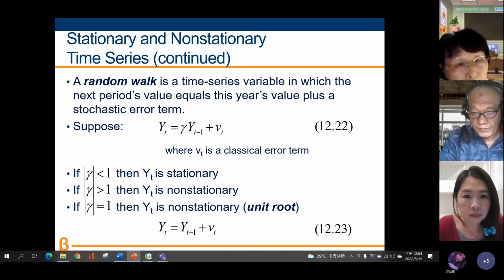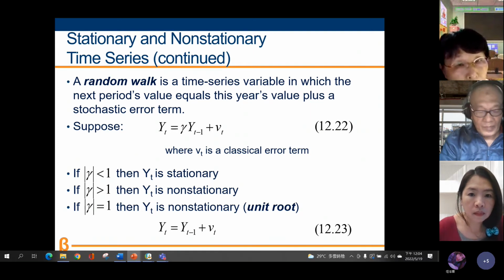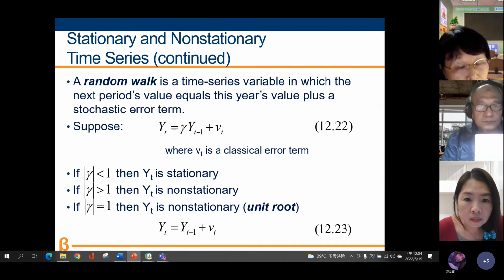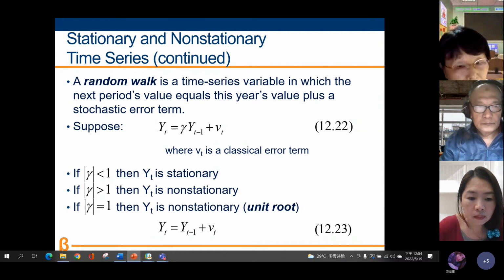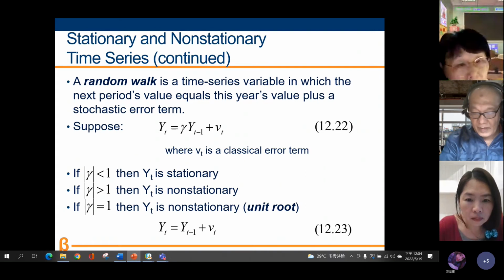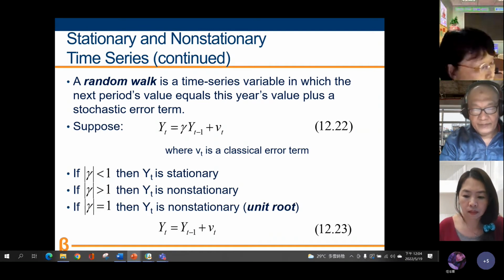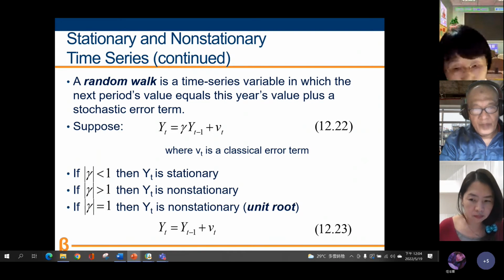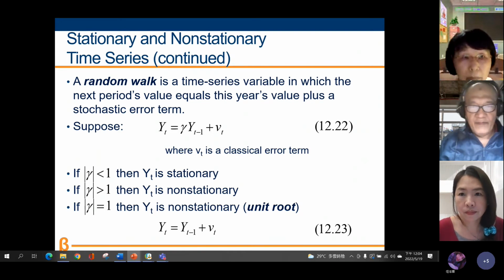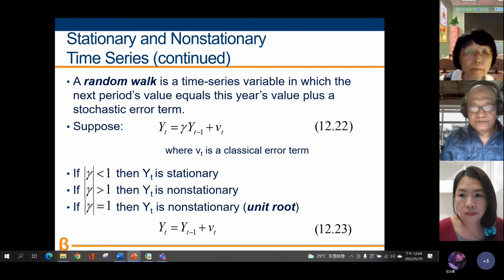I'll show you some examples where we can use criteria like Akaike and Schwarz, look at the results, and decide the lag of the periods. So I'll show you next week using examples. Thank you.